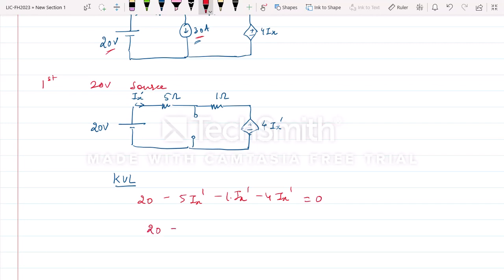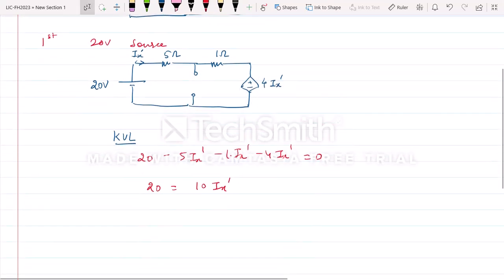So 20 equals, taking all this to the right-hand side, 5 plus 1 plus 4, 10 Ix dash. From this, we get Ix dash as 2 ampere.